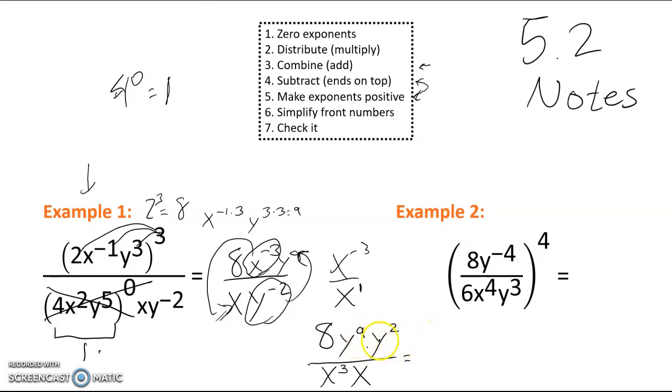When we combine our exponents on top, we add them. So it's 8 times y to the 9 plus 2, which is 11, and then x to the 3rd times x to the 1st power. Again, no exponent just means the exponent is 1. It's x to the 3 plus 1 power, which is x to the 4th power.